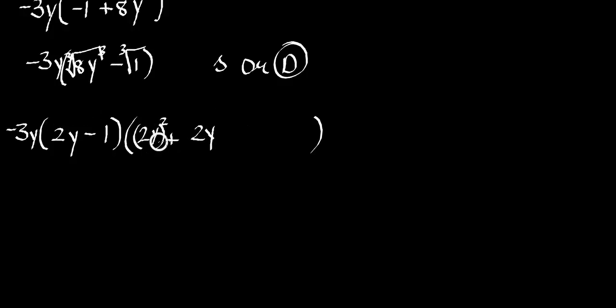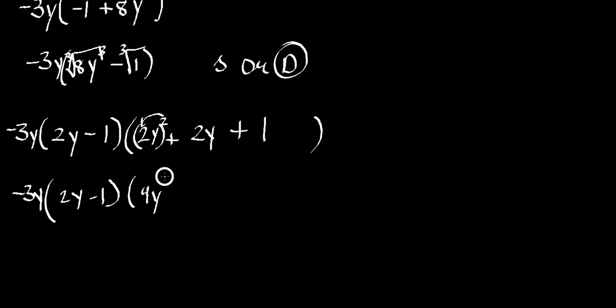Right? Plus, always a plus, this guy is squared. 1 squared is just a 1. So if we just simplify, we get, distribute that, 2 squared is a 4y squared plus 2y plus 1. And that's how you do that, okay?